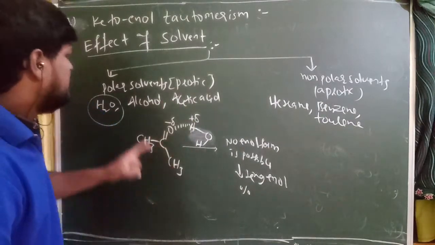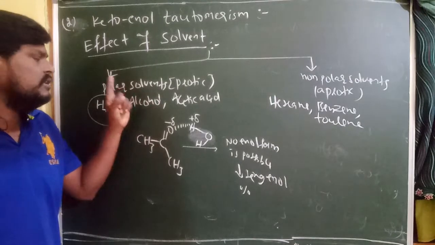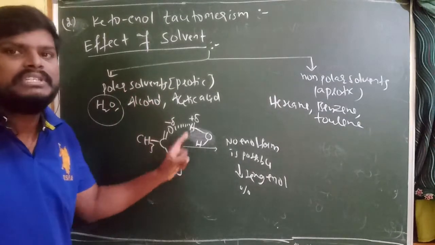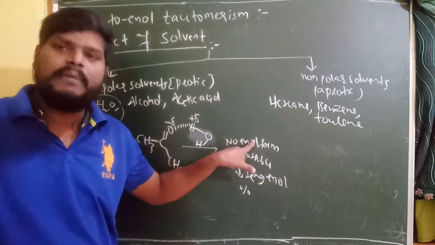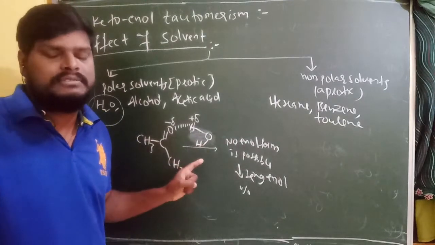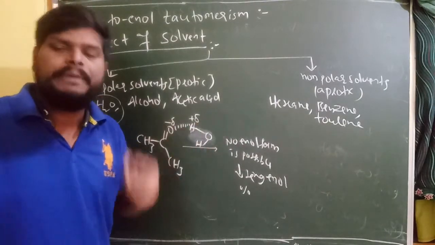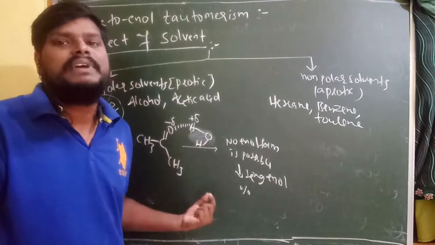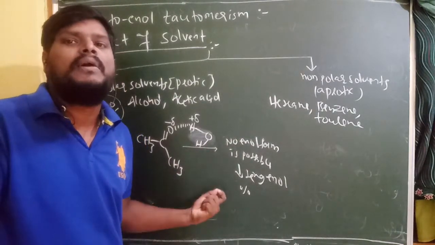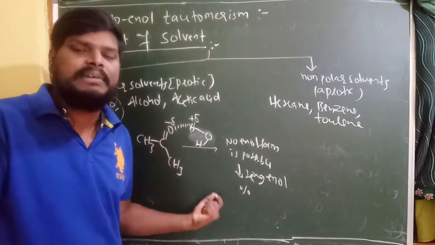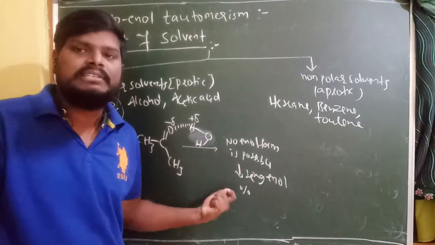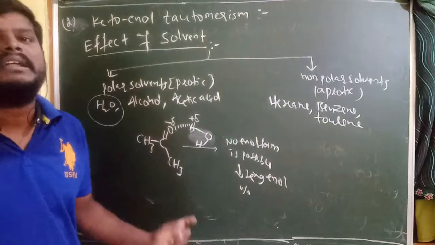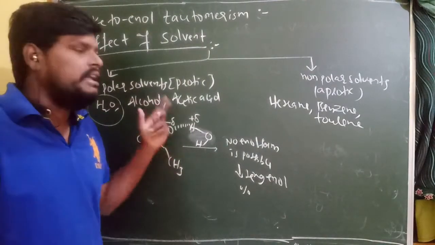So when polar solvents are along with carbonyl compounds of keto form, they form intermolecular hydrogen bonding. That's why here the enol form is less stable. That's why the enol content percentage decreases here. Indirectly the ketone form percentage increases.